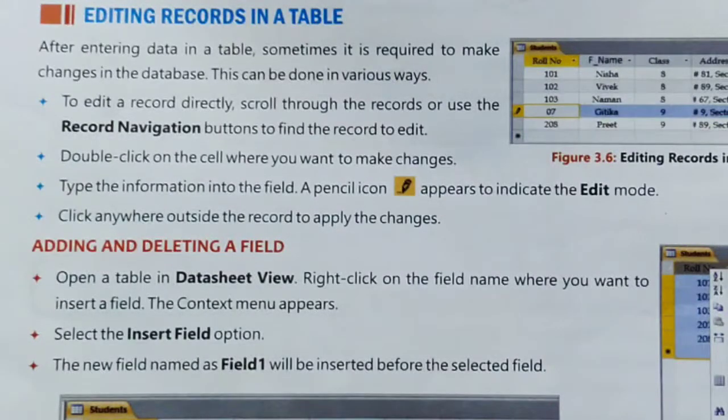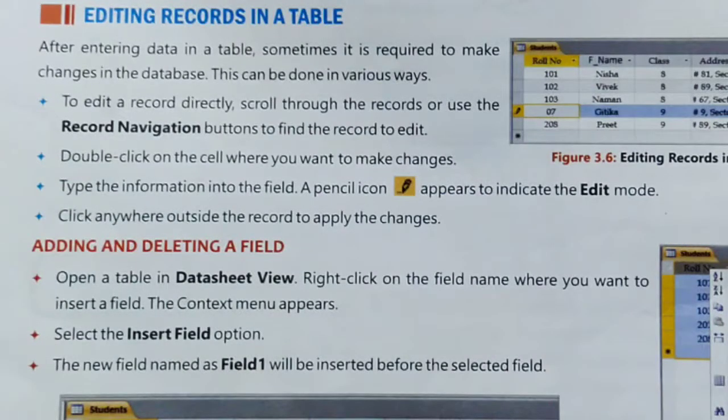If you want to insert a field, you need to open the table in datasheet view and right-click on the field name where you want to insert the field. After right-clicking, the context menu will appear.